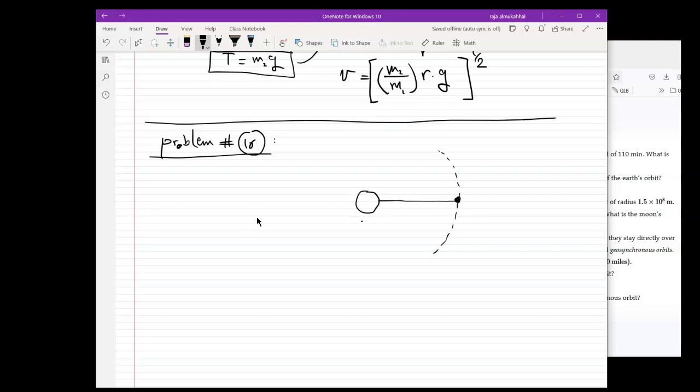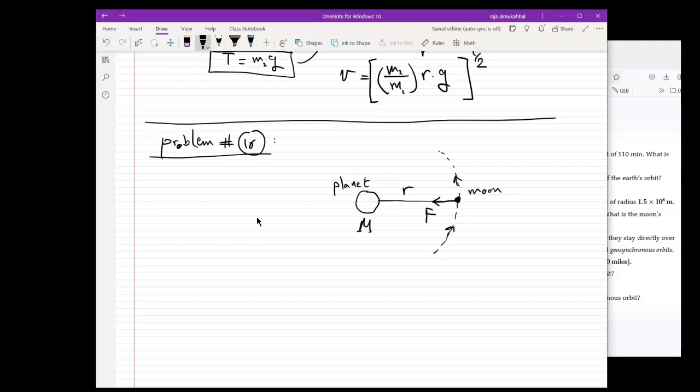This parent planet is big M. Remember, this is the planet. That's the moon of that planet, and it's going around in this direction, for example. This is the radius, and then there is the gravitational pull, F.